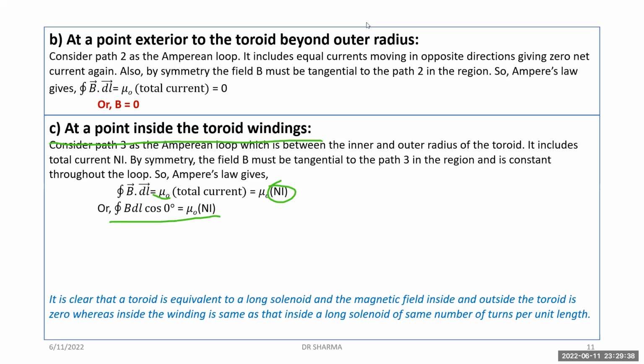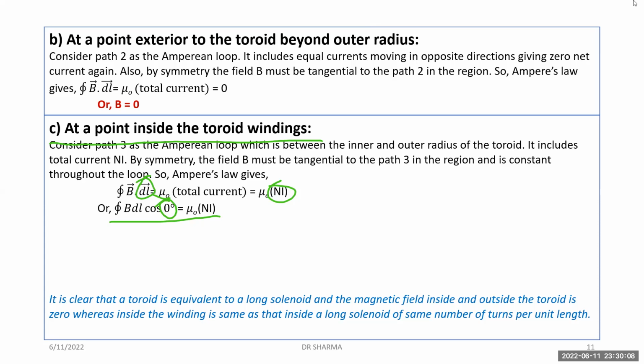As the Amperian loop is a circle, it is symmetric about the center of the toroid, and the magnetic field at every point of this circle is constant. The direction of the magnetic field and the elemental length dl are along the tangent. They are in the same direction, so the angle between them is 0.